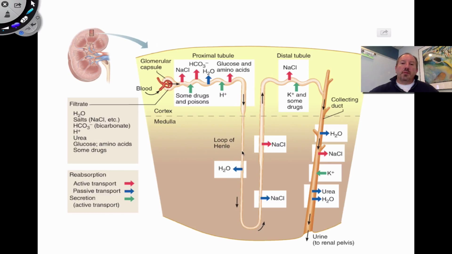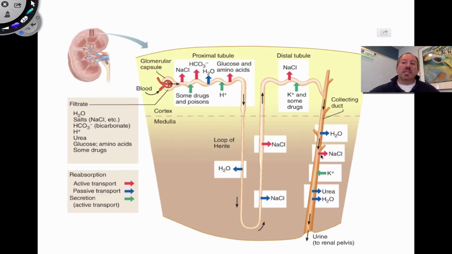So reabsorption of water, reabsorption of water, reabsorption of water. And then this thicker area, the distal convoluted tubule, doesn't allow for much osmosis to occur. So no water is leaving, just a little bit of water when it gets into this salty area, but not a lot.